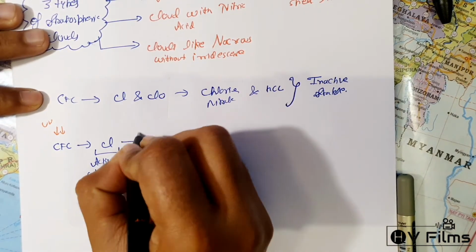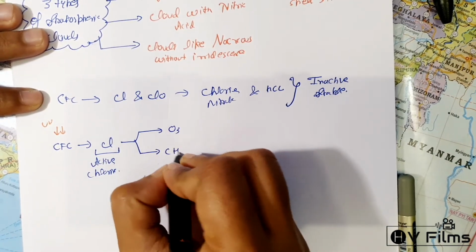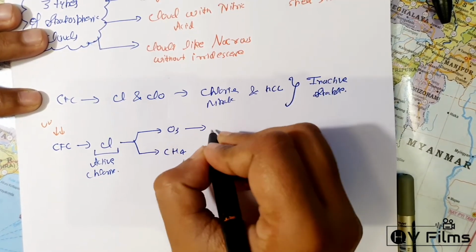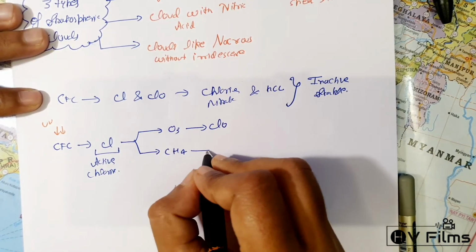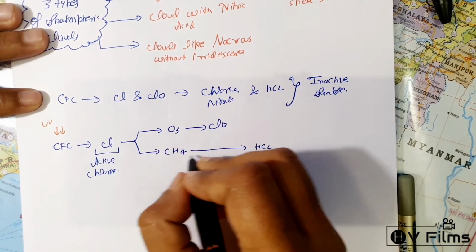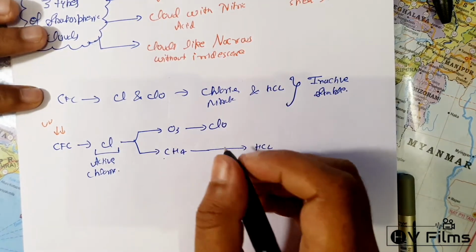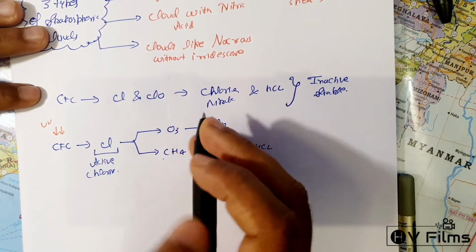Now this chlorine goes two ways: it reacts with the ozone and reacts with the methane. It will result in the ClO, whereas with the methane, it will directly give you HCl. These are all available in nature. The CH4 is also available in nature. The ClO is what has been released earlier from the CFC.